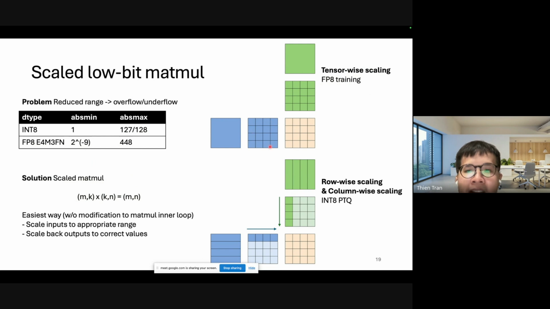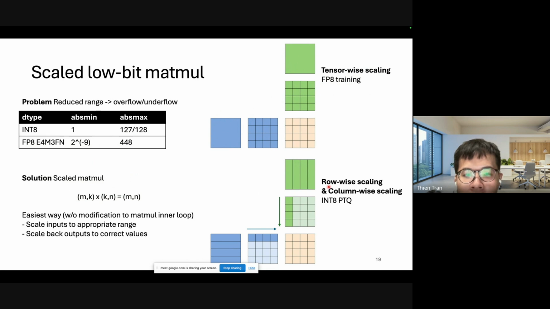Just imagine this is the activation tensor, and this one here is the weight tensor. We can just factor out one big scale here. So we have one single value for the whole activation, and one single value for the whole weight. Then we can just do normal FP8 matrix multiplication, get this result, and then multiply back this one number and this one number. So very straightforward.